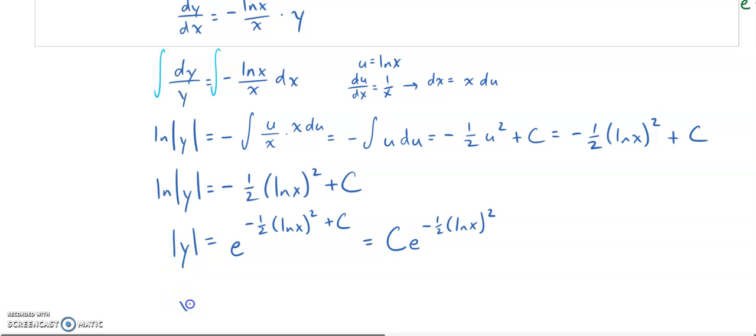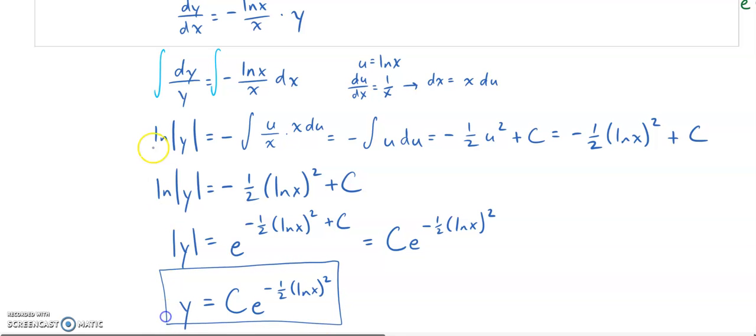So we're actually allowed to drop the absolute value bars here because, while e raised to the c could be positive, this c could be negative. So maybe y could equal a negative value. So we get c times e raised to the negative 1/2 natural log of x quantity squared. And I wouldn't mess with that. That looks like about as simple an answer as we could hope for on a problem like this.